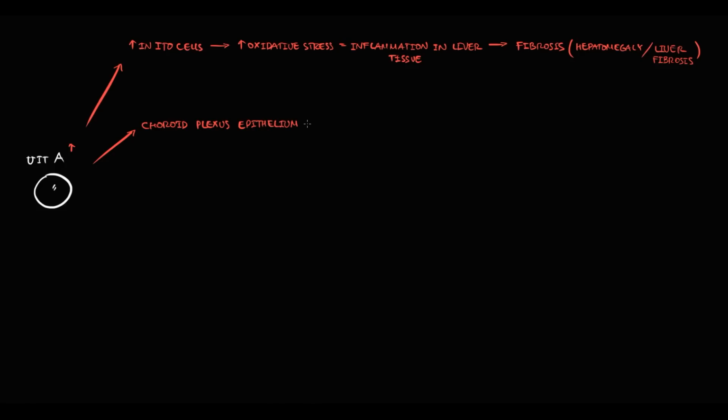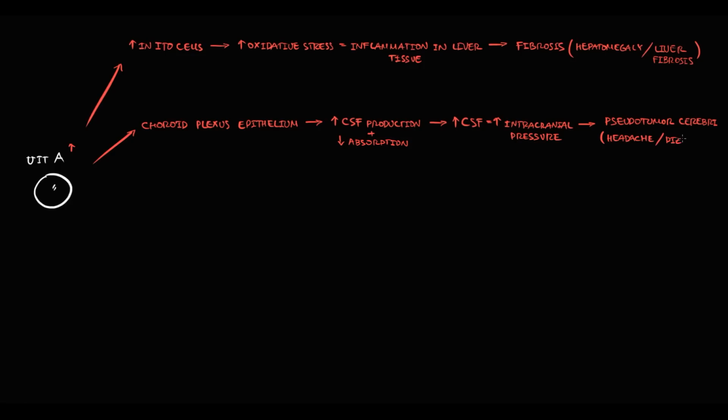It stimulates the production of cerebrospinal fluid, and at the same time it decreases absorption. As a result, cerebrospinal fluid accumulates, and this leads to an increase in intracranial pressure. This state we call pseudotumor cerebri. Typically it manifests as headache and dizziness.